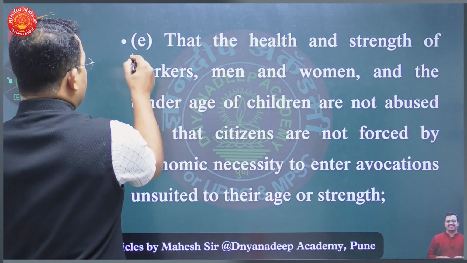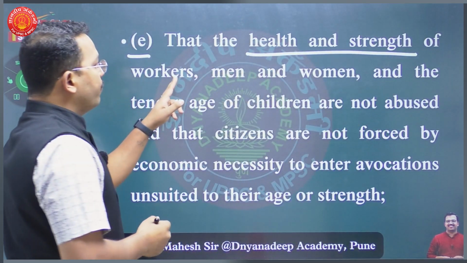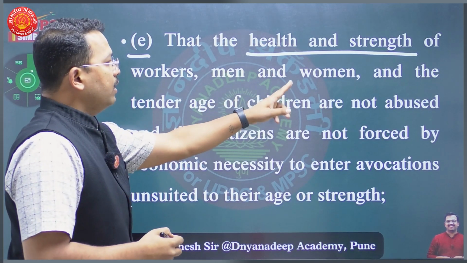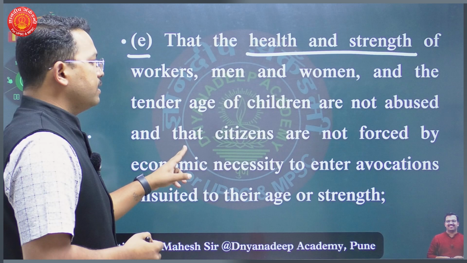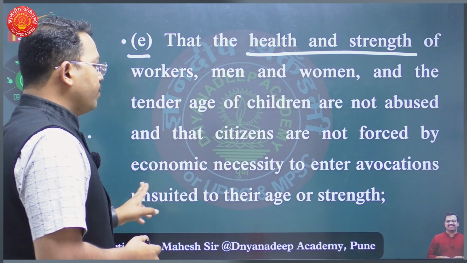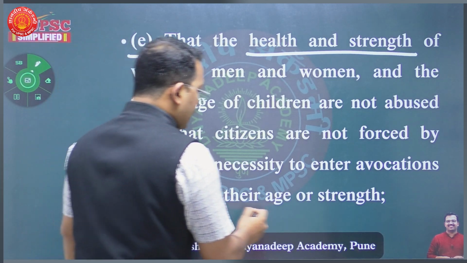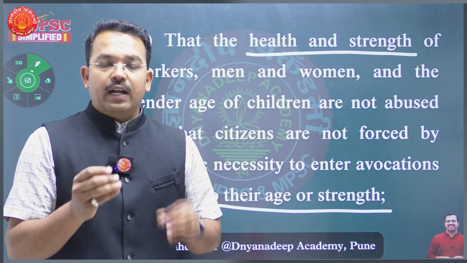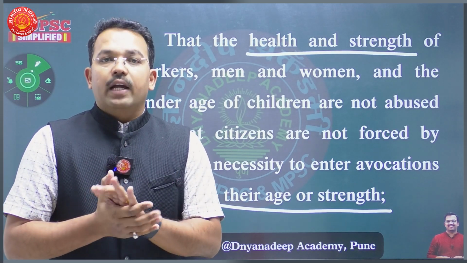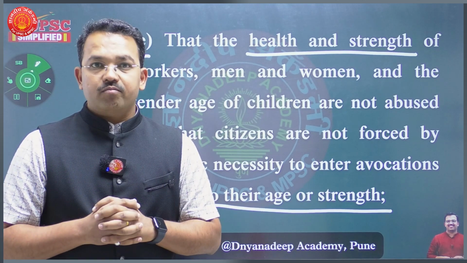Then comes an important clause, that is Article 39's E clause. What does it say? That the health and strength of workers, men and women, and the tender age of children are not abused, and that the citizens are not forced by economic necessity to enter a vocation unsuited to their age and strength. In simple terms, at the place of work, the health and strength of workers should be taken care of.